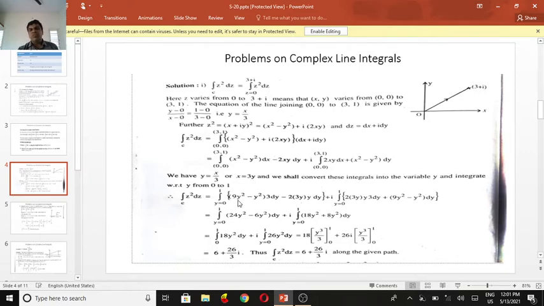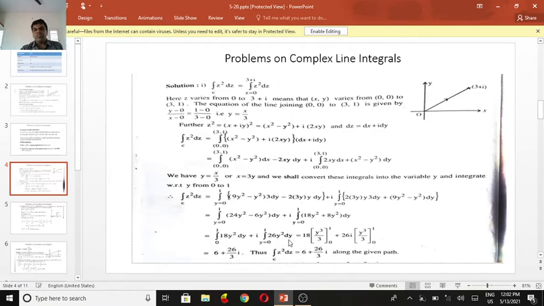We get the integral from 0 to 1 of (9y squared minus y squared) 3 dy minus 2 times 3y times y dy, plus i times the integral from 0 to 1 of 2 times 3y times y times 3 dy plus (9y squared minus y squared) dy. Simplifying, the real part is the integral from 0 to 1 of (24y squared minus 6y squared) dy, plus i times the integral from 0 to 1 of (18y squared plus 8y squared) dy. Simplifying again, 24 minus 6 is 18y squared dy, plus i times (18y squared plus 8y squared).